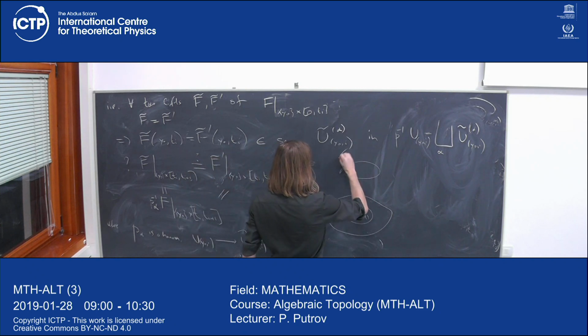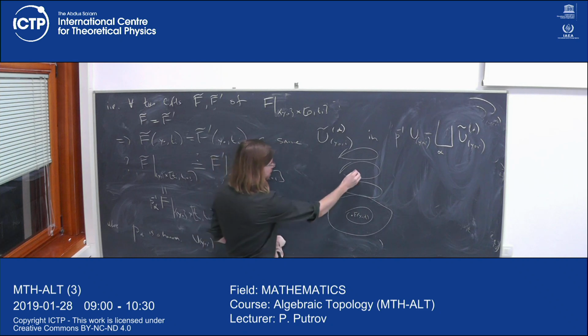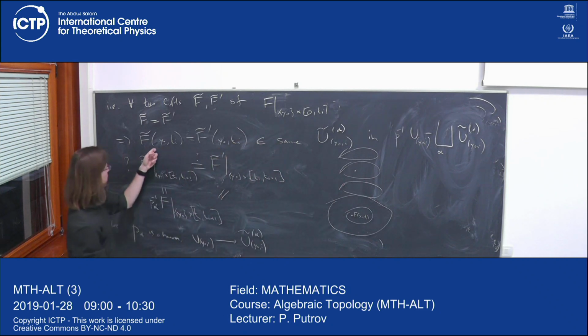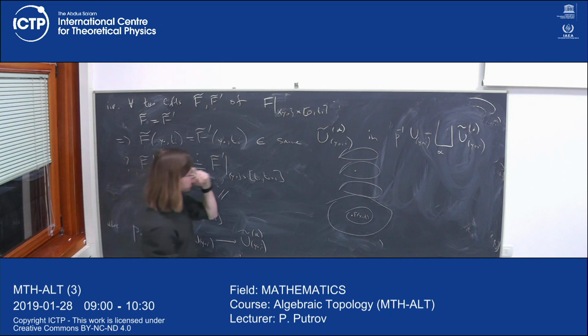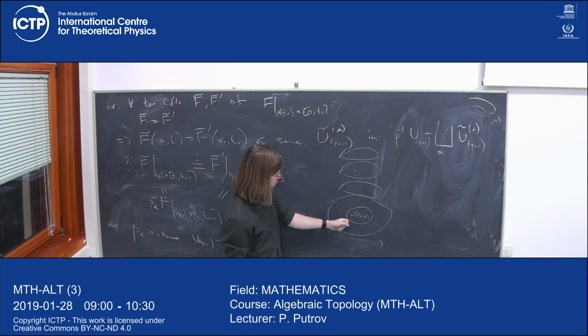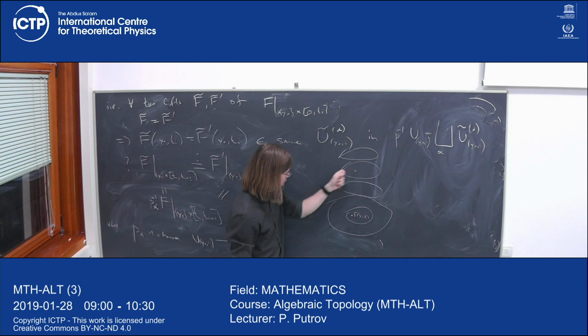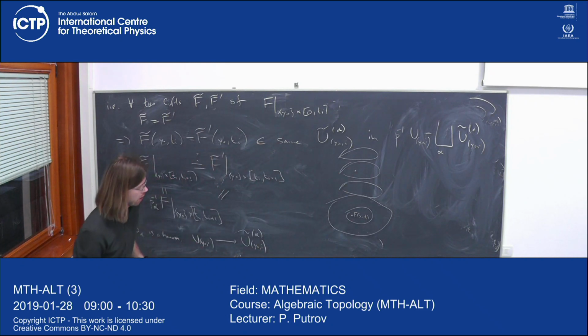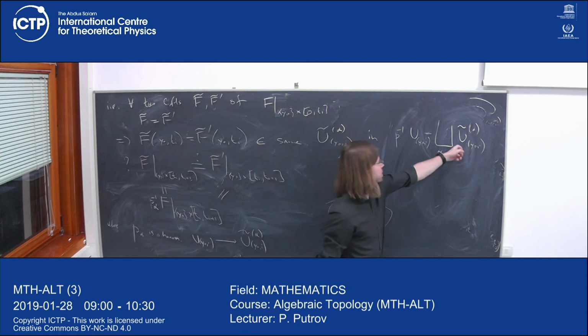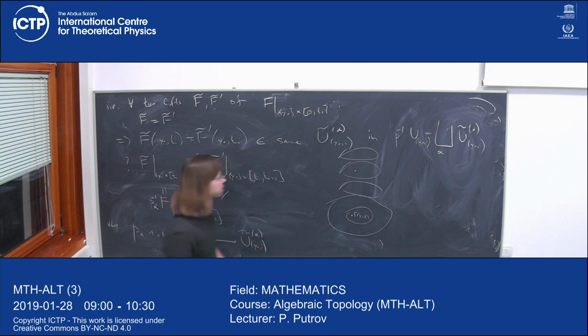But since we showed that the F's coincide at Ti, the value of F tilde should belong to the same preimage, to the same connected component of the preimage of the evenly covered neighborhood, because all those guys need to join.